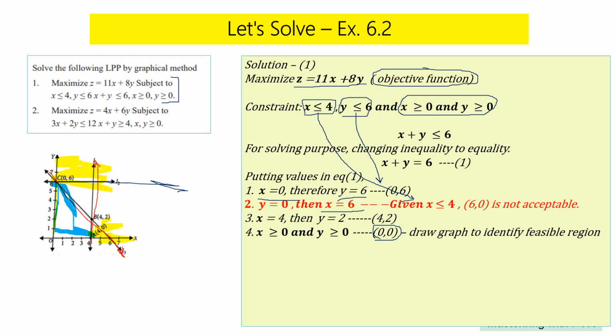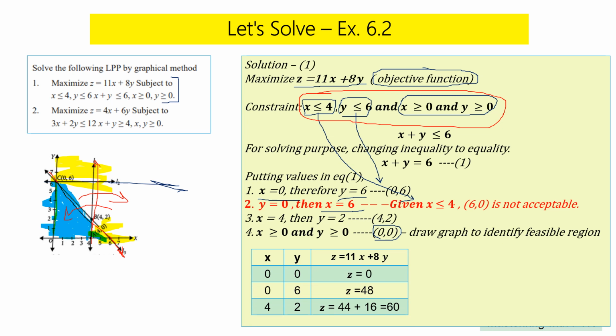So our corner points, where the solution would lie, are in these corner points. You have to identify your feasible region. Here it is x less than or equal to 4. That's the reason our feasible region lies in this region, not beyond it. So this plays a very important role in identifying the feasible region.